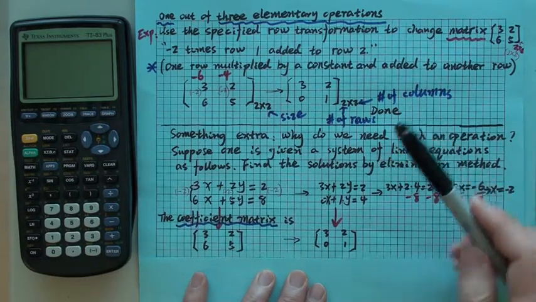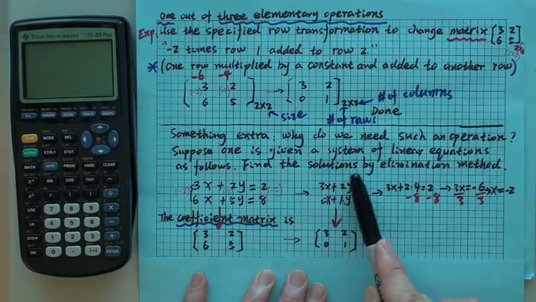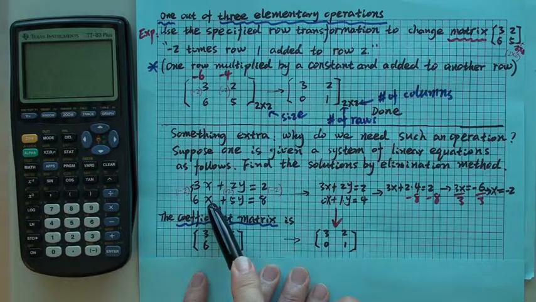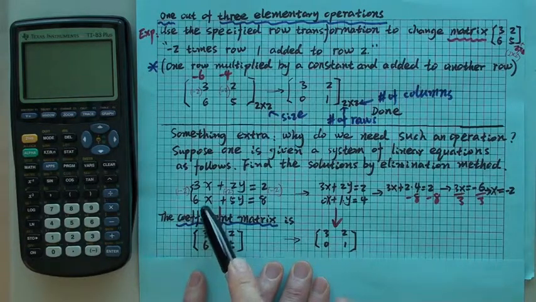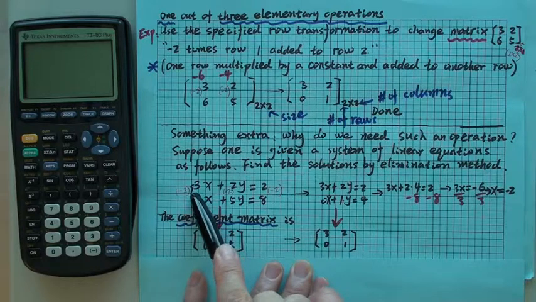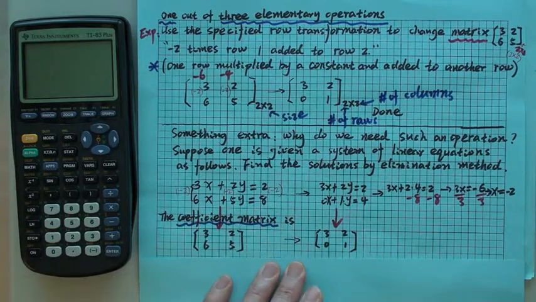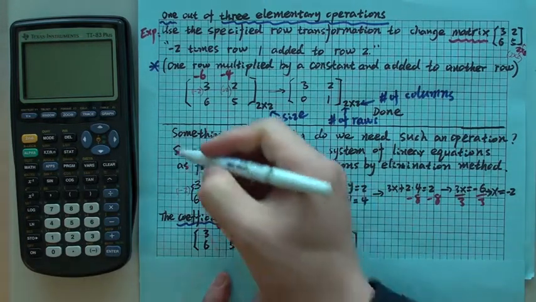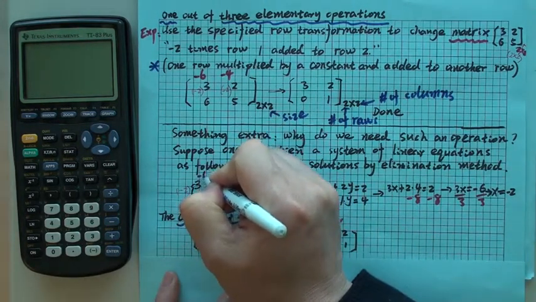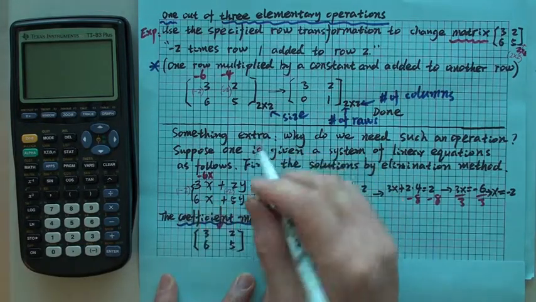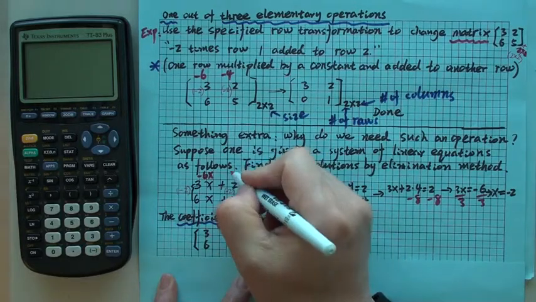And again, if we are going to find the solutions by the elimination method, we would like to eliminate this variable, 6x. How? Row 1 multiplied by -2. What do we get? -2 times 3, you have -6x. -2 times 2y, you have -4y.